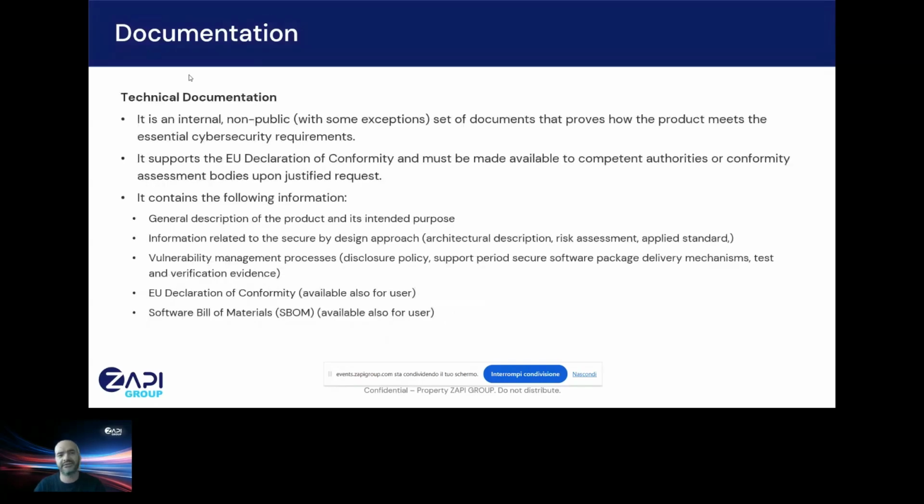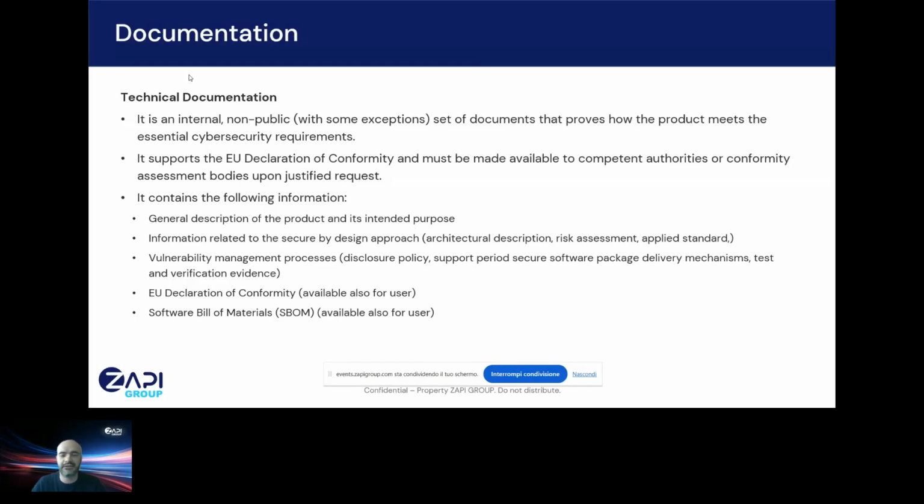In the second category of documentation, there is what is called the technical documentation. It is a set of documents that basically keep trace of all the cybersecurity relevant information related to the product. So they are information that don't need to be shared with the customer, but need to be available for the authorities in case there is some cybersecurity issue for the manufacturer.